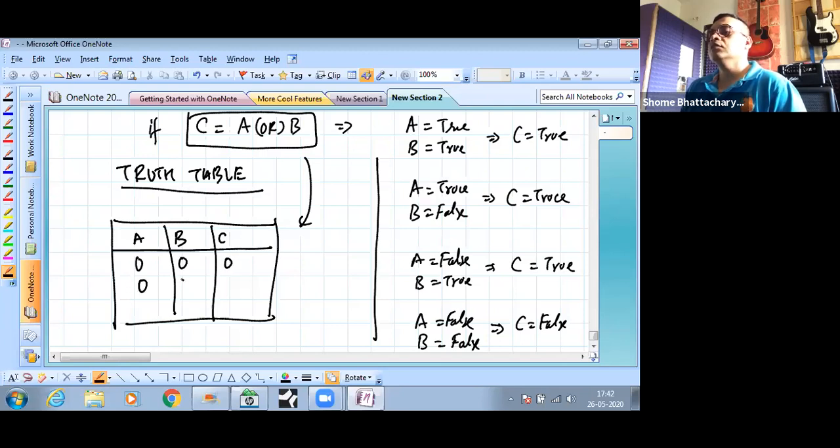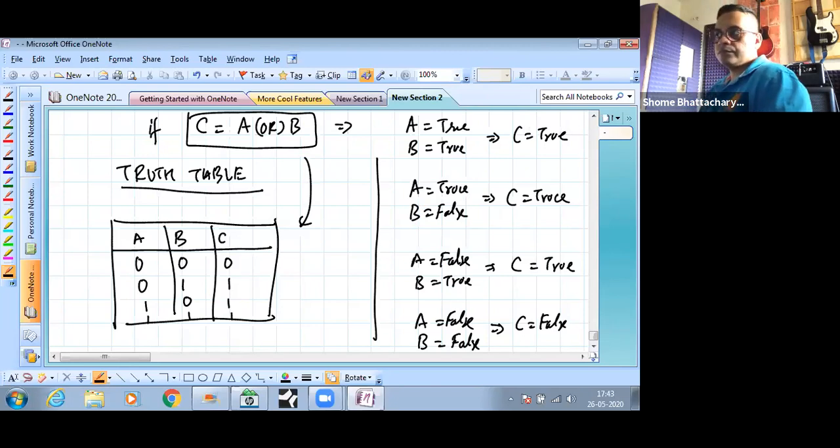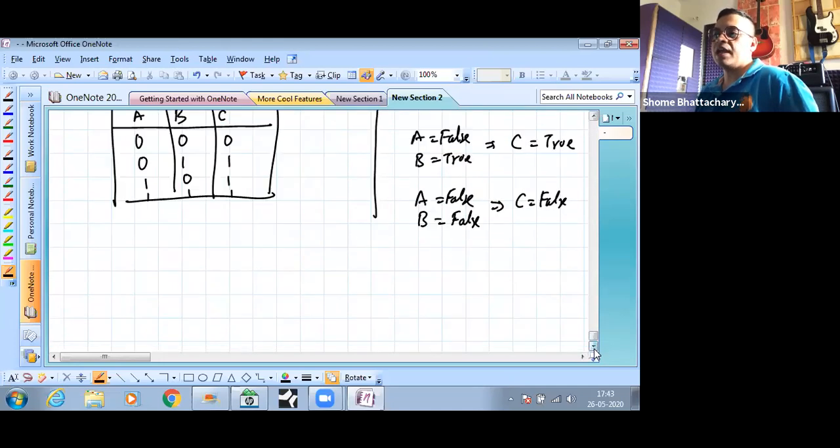But any other situation will give you C as true. So this is called the truth table, which implements the same thing as the logical function that we've seen. So in future things in electronics and all, whatever more complicated logical functions and binary operations that we develop, they're always built as combinations of the three simple basic functions, which are AND, OR, and NOT.